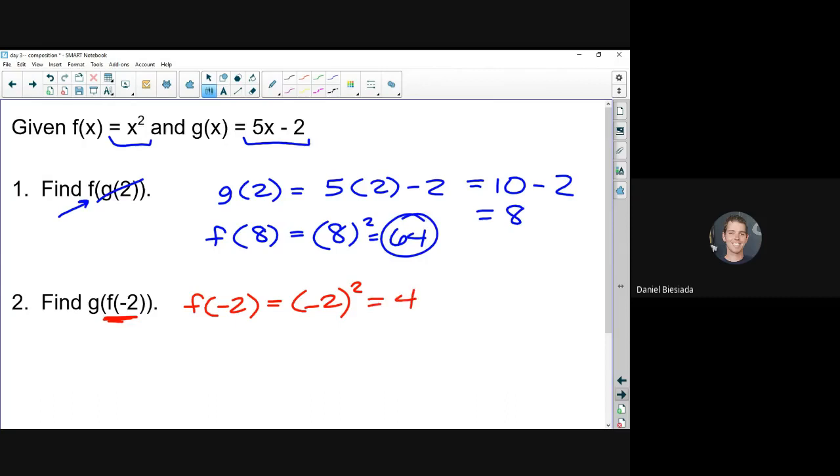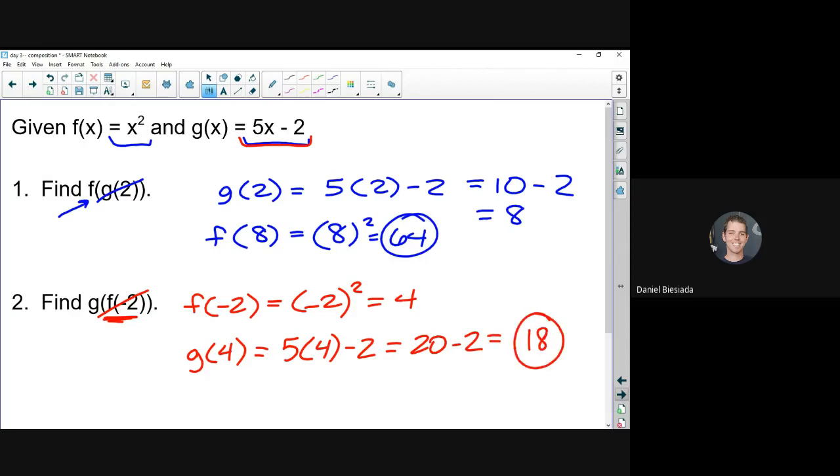But negative 2 squared is positive 4. I will take that, and I will substitute that into the outer function, which is g. And my final answer for the second one is 18.